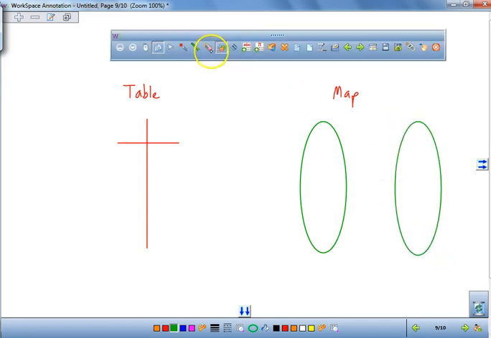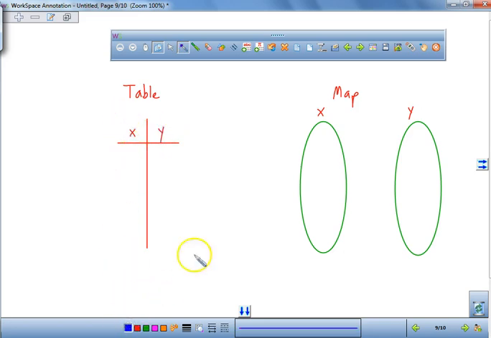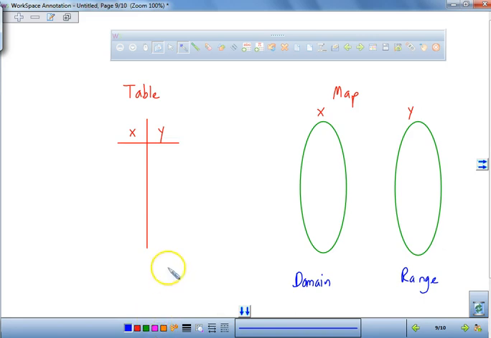Just remember, in a map, these are x's, these are y's. This is your x, this is your y. In a map, these are your domain, and this is your range. Now, in a table, you really have to be specific. Like, you have to say 1 goes with a number.